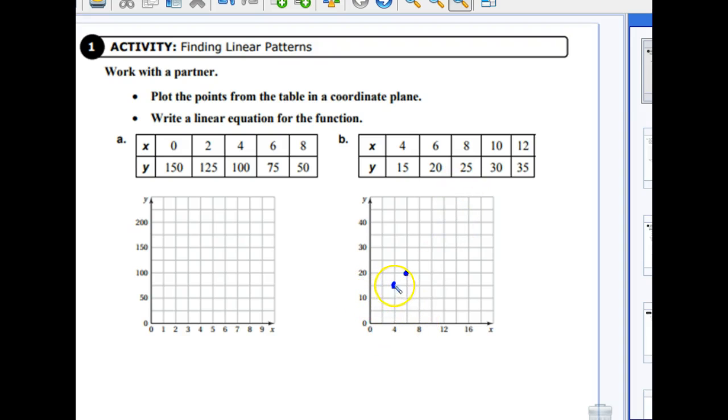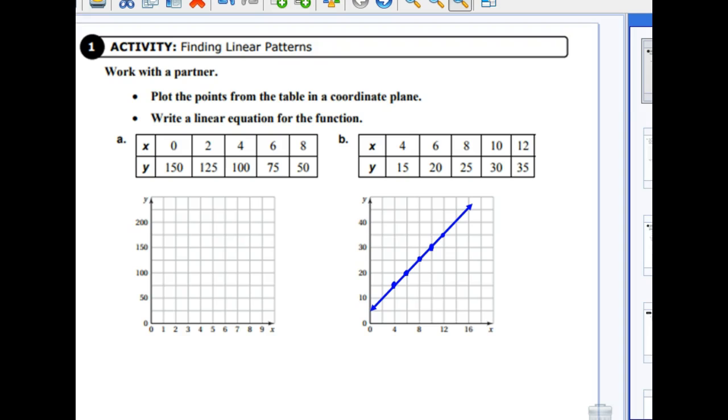So make sure you're paying attention to the increments. Did everybody get a straight line? Yeah. So we can make this a linear equation then, right?